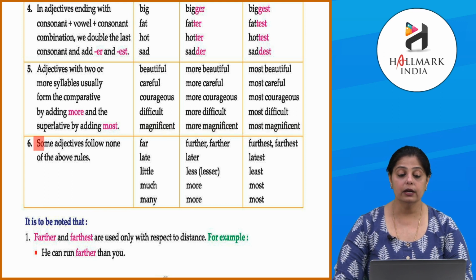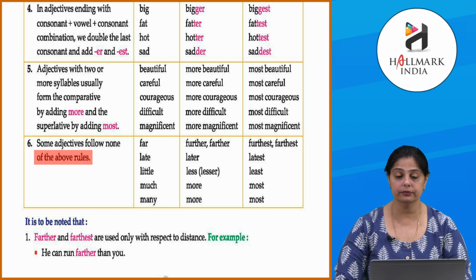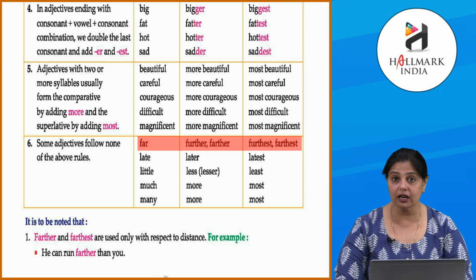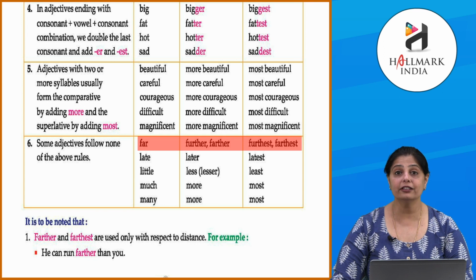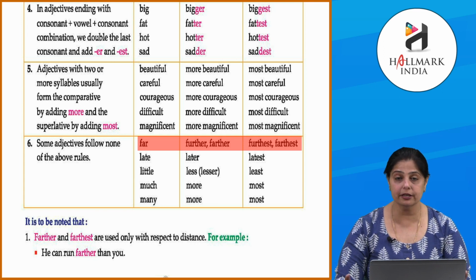Okay, now some adjectives follow no rules at all. Okay, they follow none of the above rules and they have their own words. जैसे far becomes further or farther. Okay, तो further मतलब आगे, farther मतलब वो distance के हिसाब से बोल रहे हैं.